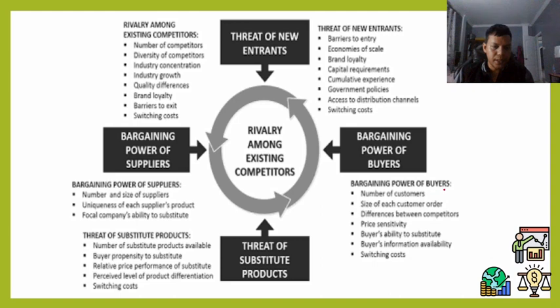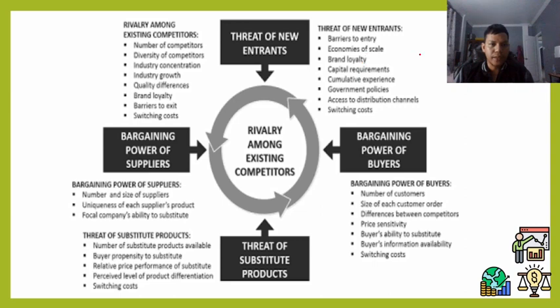Again, the buyers have bargaining power if there are many competitors, okay? And also if they will buy a bunch of products and services, meaning there's a lot of products and services that they will purchase.